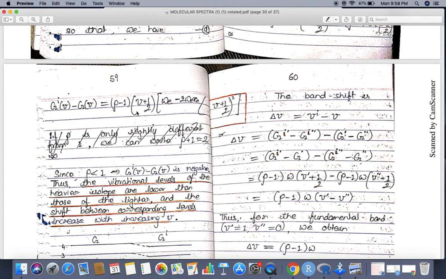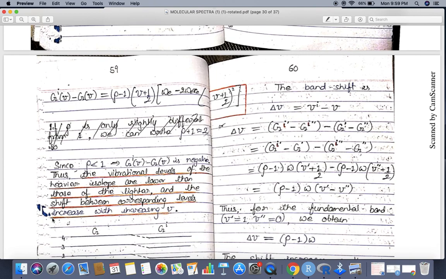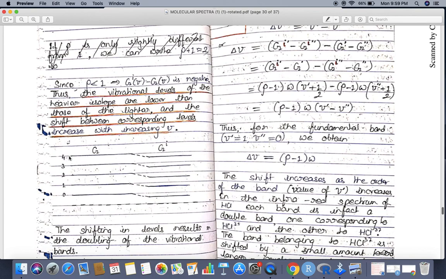So even if we take anharmonicity into the picture, the vibrational levels of the heavier isotope are still lower than those of the lighter, and the shift between the corresponding levels increases with increasing nu. If you look at this energy diagram, as we go to a higher level the shift is increasing, which means it changes rapidly. Once we go to a higher level, the isotope effect is significant.